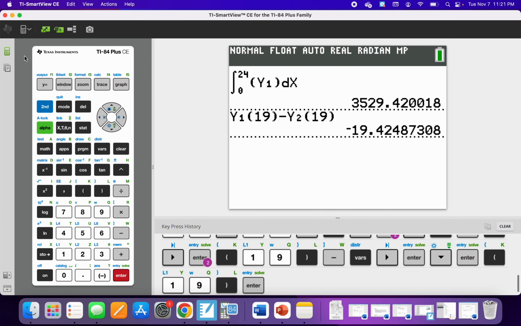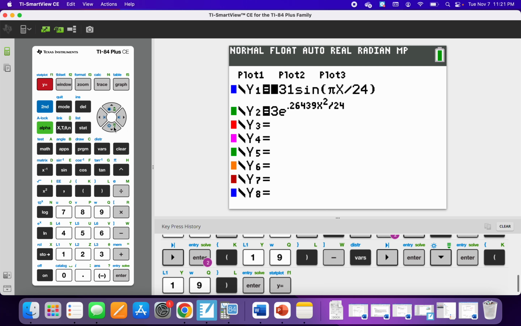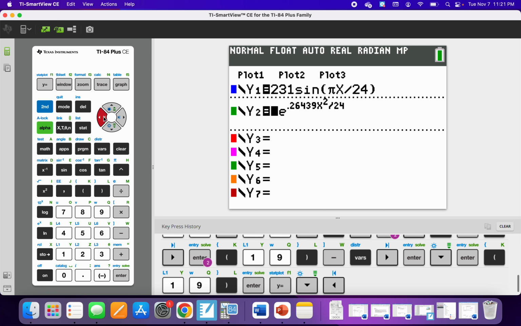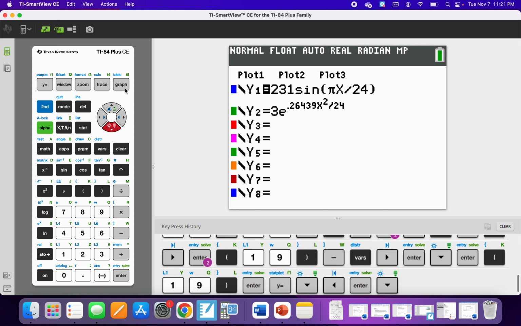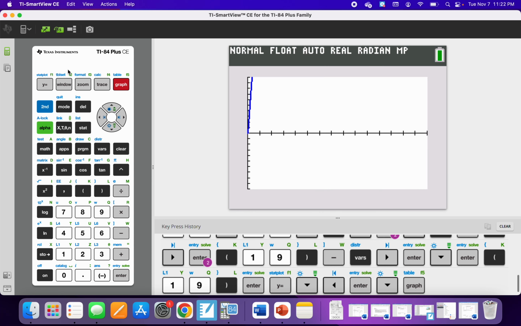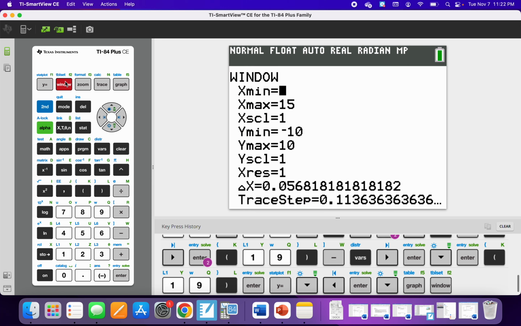Okay, so let's go to our graph. The first thing I wanted to look for is just my first function. So I'm going to turn my second function off. If you go to the equal sign and press enter, if I go to my graph, it will just graph that first function, which is what I want. So that first function, let's make sure we've got a good window.